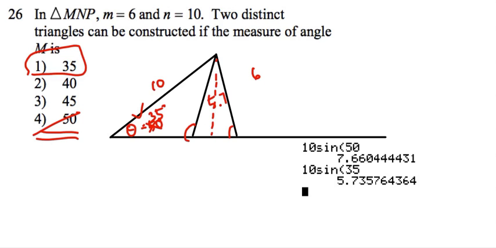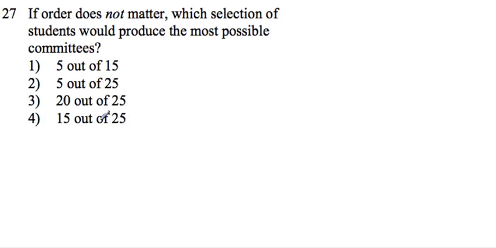All right, let us look at number 27. If order does not matter, then this implies the combination. Which selection of the students produces the most possible committees? Here, this basically means 15C5. And this one is 20.